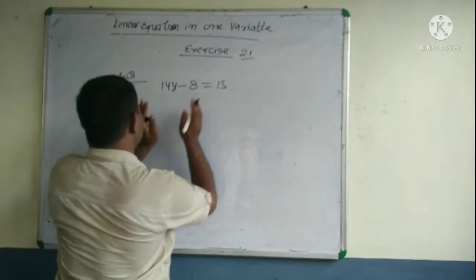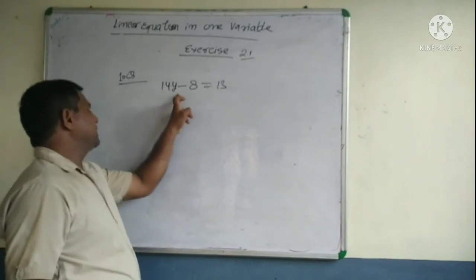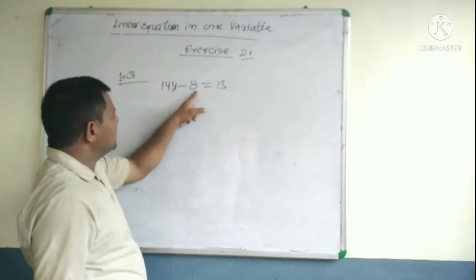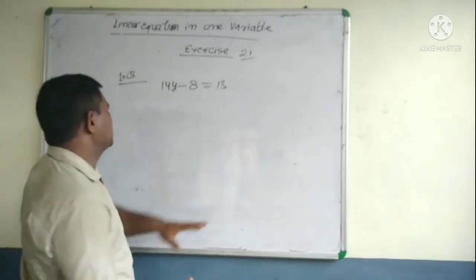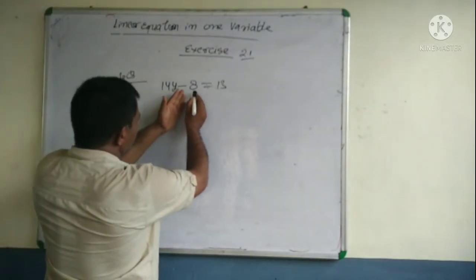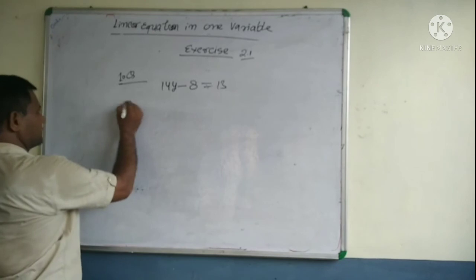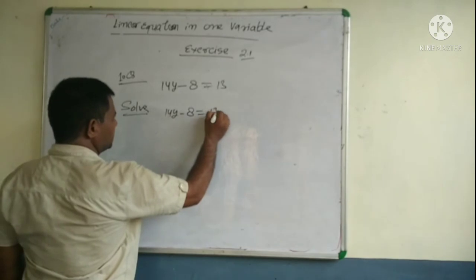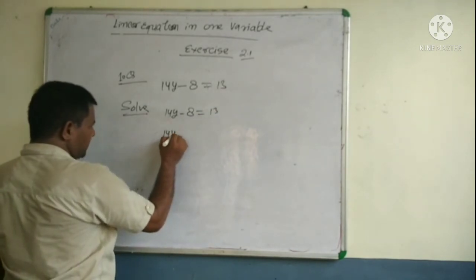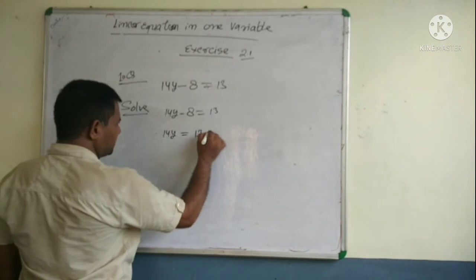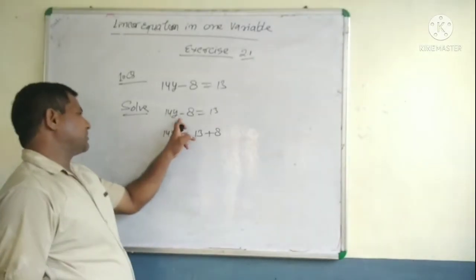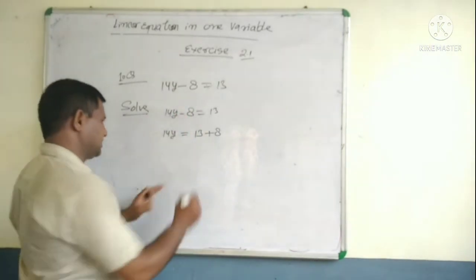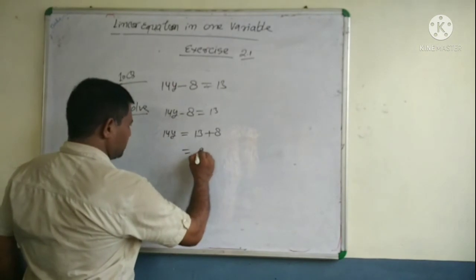In this question, we see that 14 and y are related by a multiply sign, and 8 is a constant and 13 is also a constant. So first we transfer 8 to the right side. Here 14y minus 8 equal to 13. Here 14y remains equal to 13 plus 8. Since we transfer this minus 8 to the right side, it will be plus. So 13 plus 8 equal to 21.